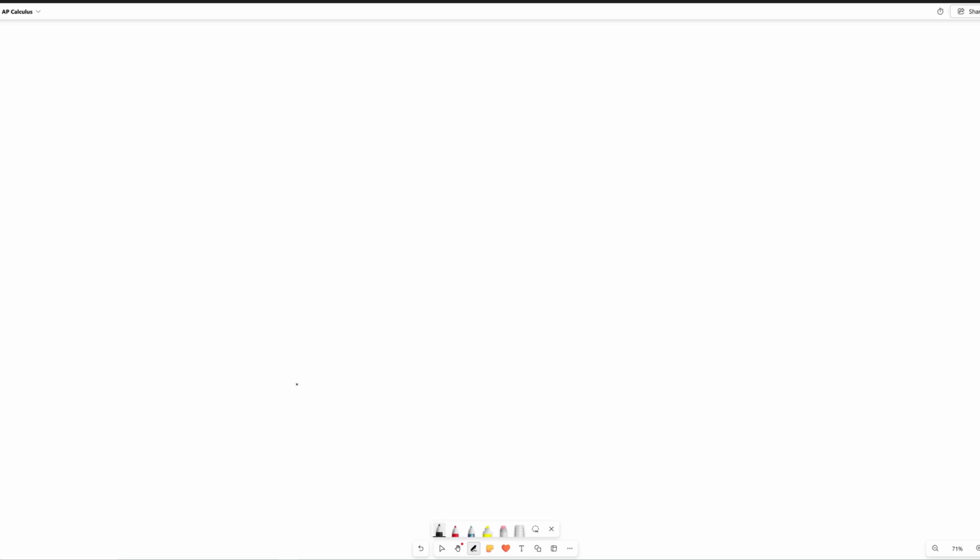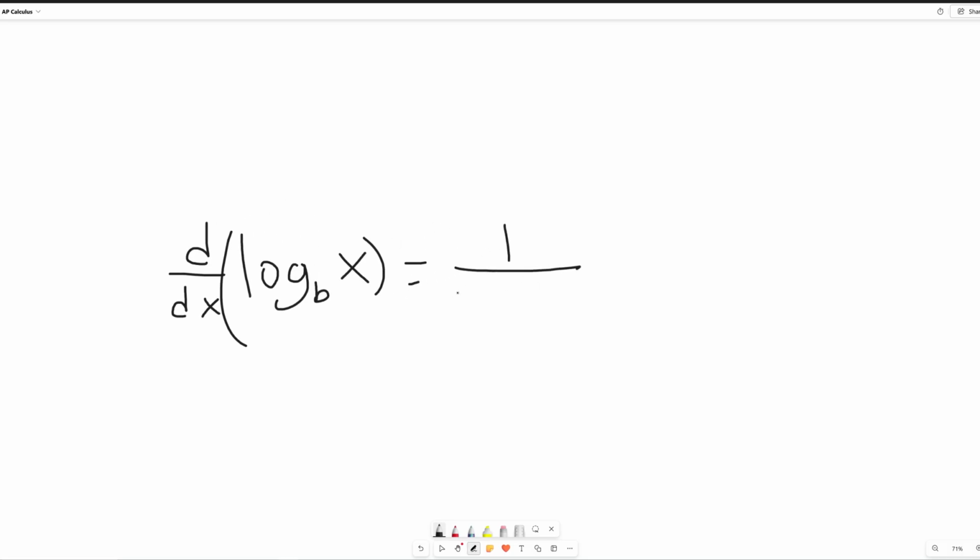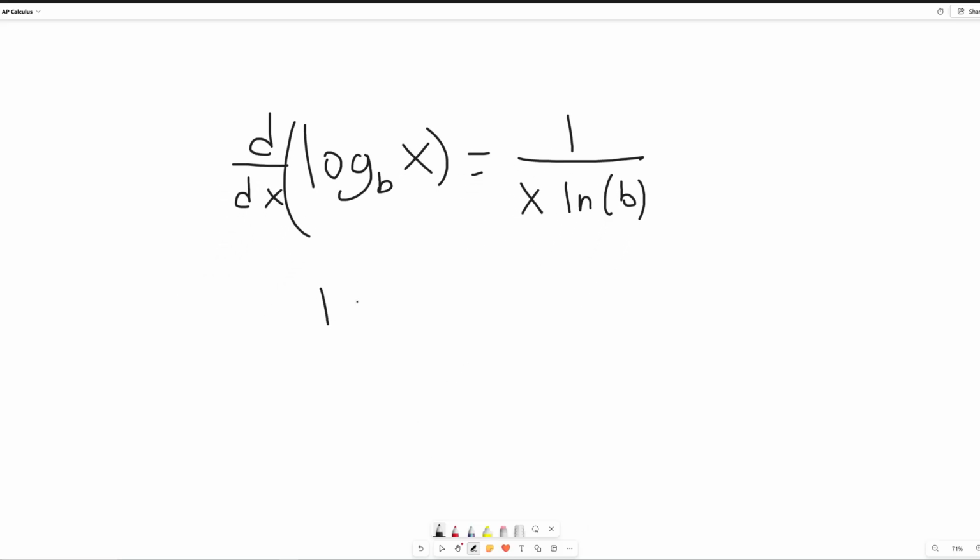Now, we're going to have the logarithm functions. So log base b of x and then ln of x. So we're going to start with log base b of x. The derivative of it is going to be 1 over x times ln of the base. So if you have log base 3 of x, you're just going to get 1 over x ln 3. Now, as you can imagine, I mentioned ln x separately because it has a special property.